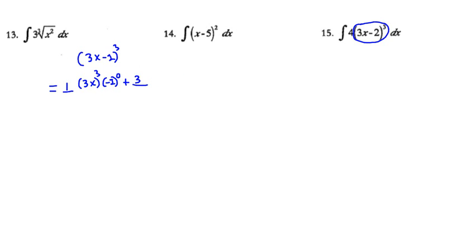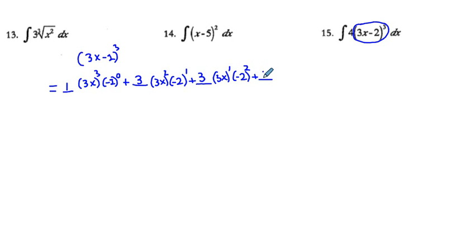Let me see if I get this right. It's 3, and then we'll have here 3x, and we're going to square that, and then we're going to have this negative 2 to the first power, and then we're going to have plus our next coefficient here, 3, and then we're going to have this 3x, our first term, to the first power, times this negative 2 squared, and finally we have this plus blank.